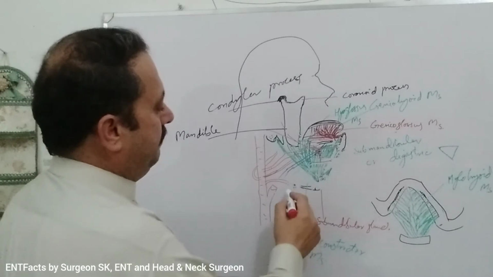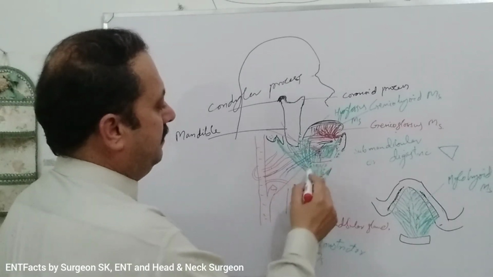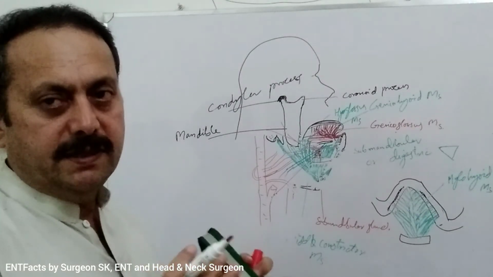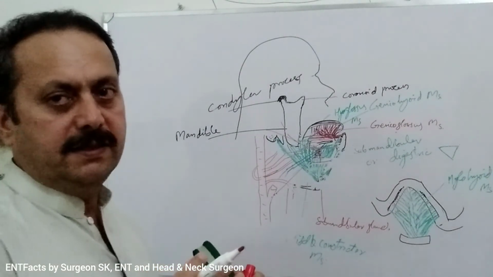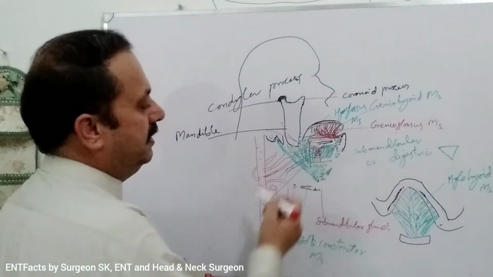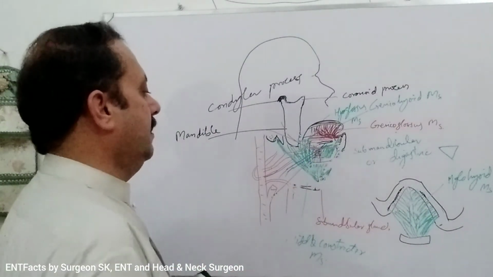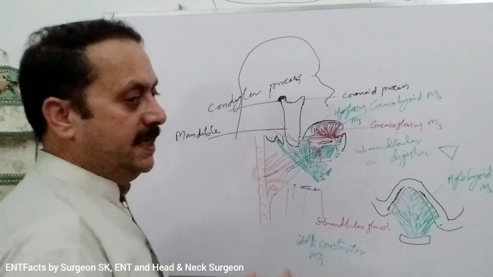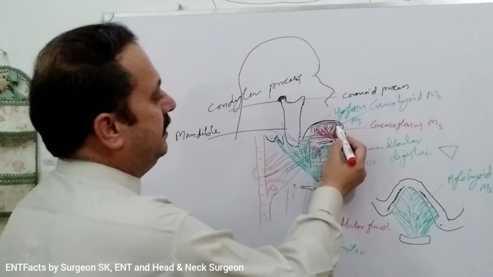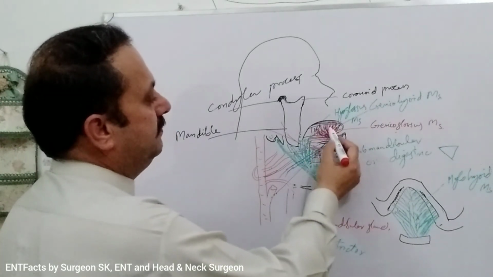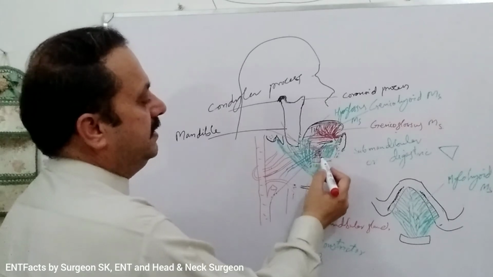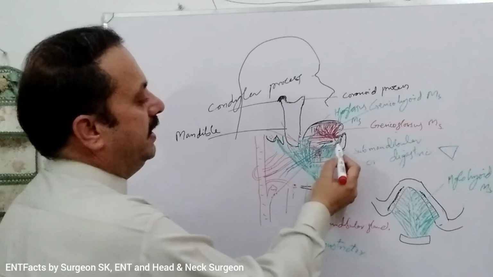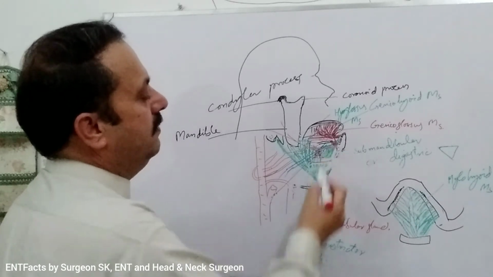while the sympathetic branches come from the carotids, from the plexus, from the internal carotid. A sympathetic plexus is formed around the internal carotid. The sympathetic branches come to this ganglion from this area. These fibers supply taste fibers to the anterior tongue as well as secretomotor fibers to the submandibular gland and the sublingual salivary gland.